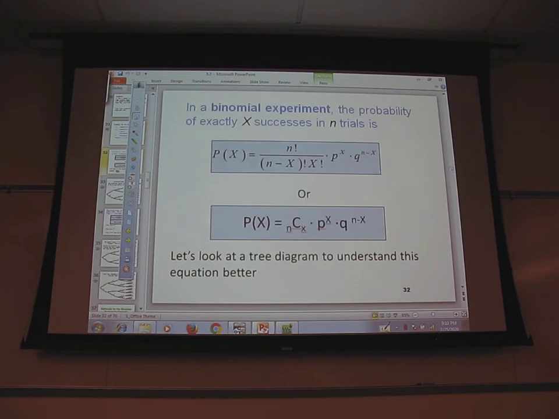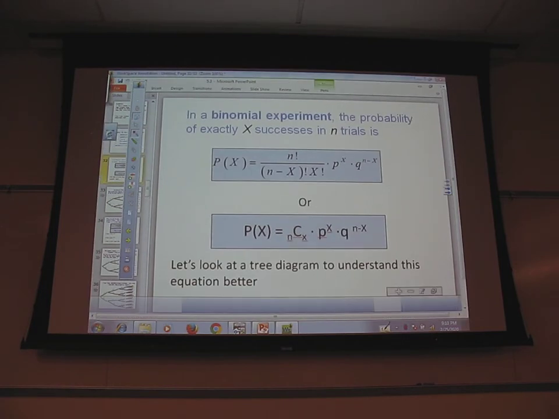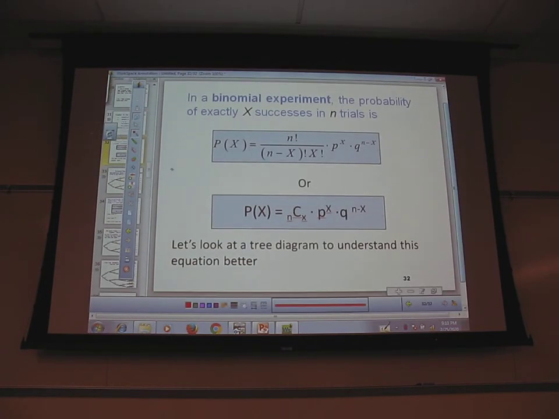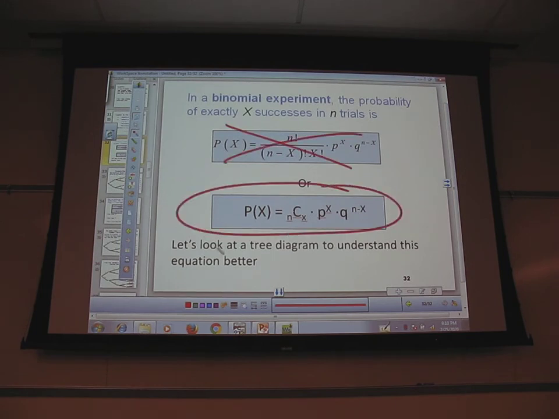All right, so here's the big thing. Do not do this. I should just take that off. I really prefer you guys use this one. It's cleaner. Here is your probability, which goes into your notes.